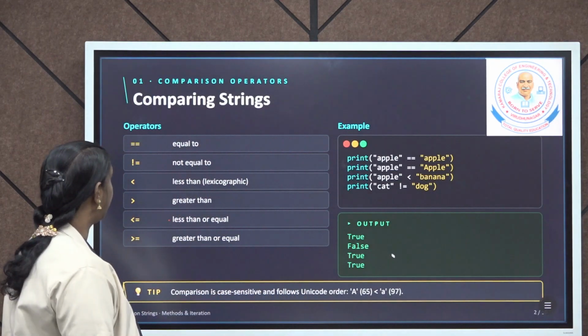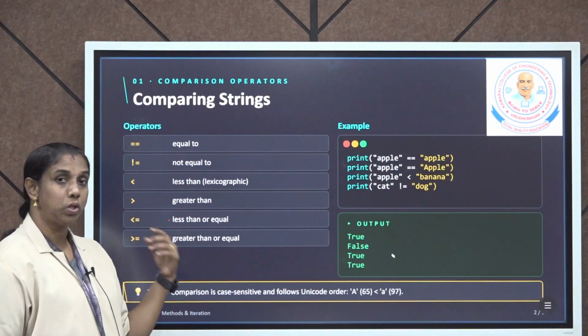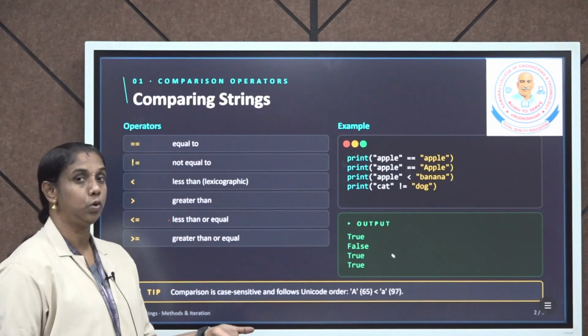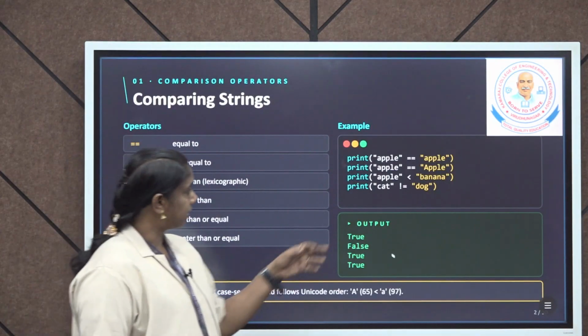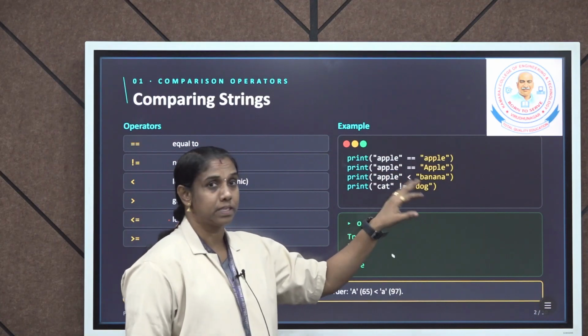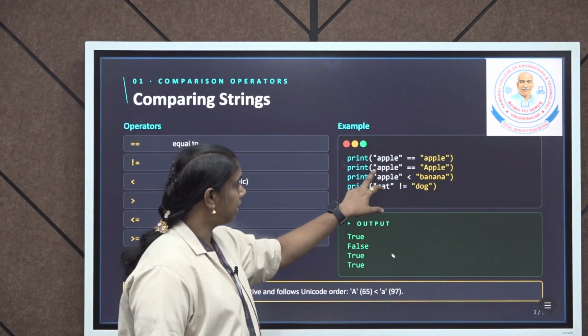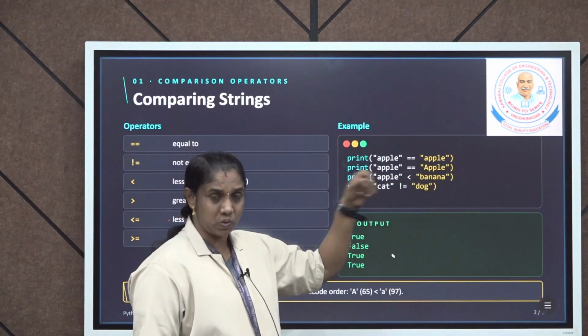And the second operator is not equal to. Not equal to means if both sides are not equal, it returns true. If they are equal, it returns false. For example, both the left and right side should be apple, but here the small letter a is printed on one side and the capital letter A on the other.